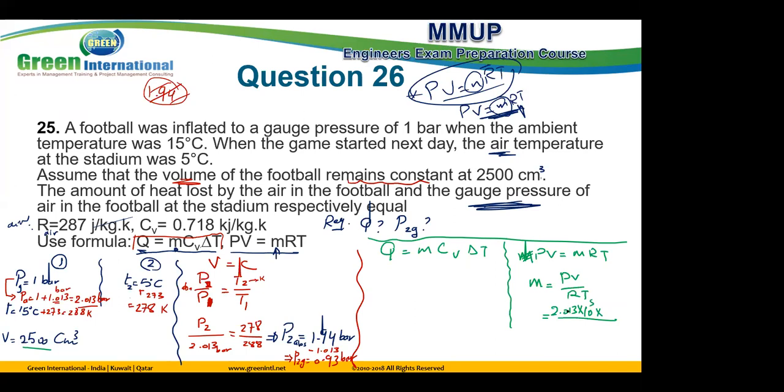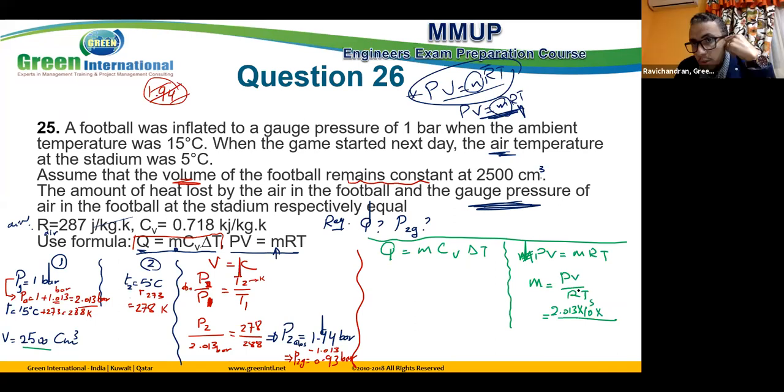We have to convert bar to Pascal. Here I continued with bar because I get the ratio, bar and bar. But here no, these are different units, so all should be matched with the standard.